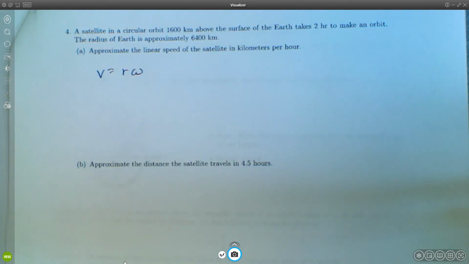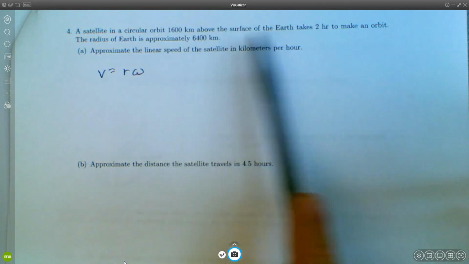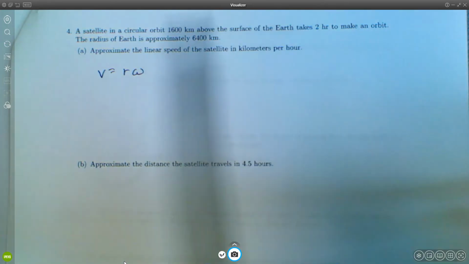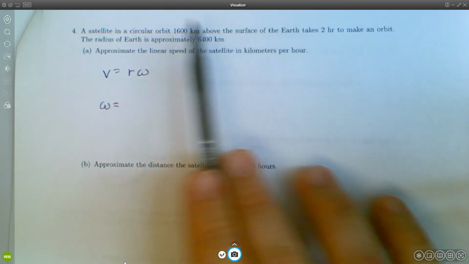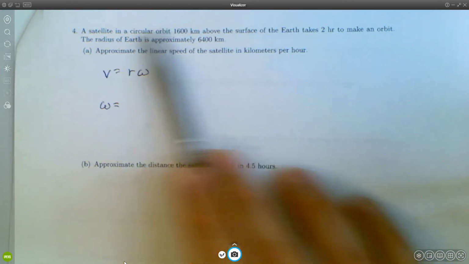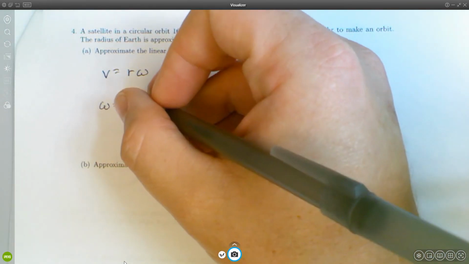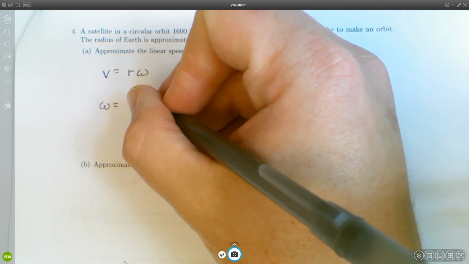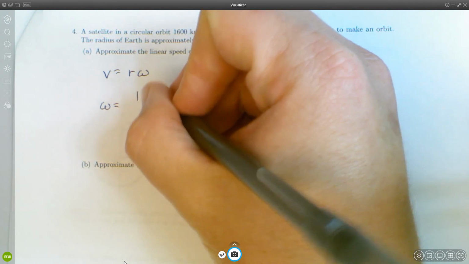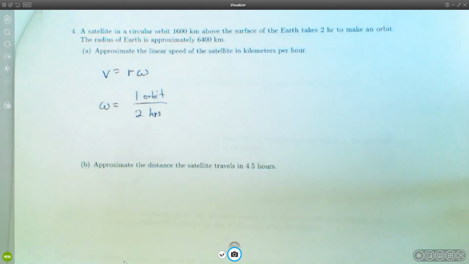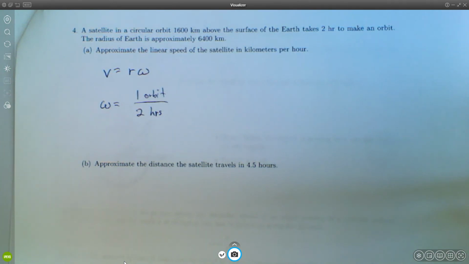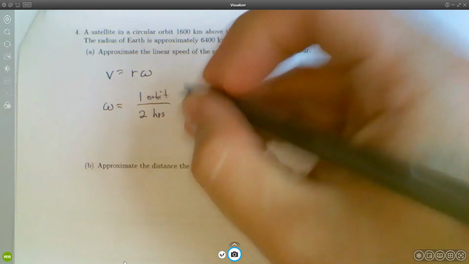Okay. Now what do we have? What were we given for omega? We were told that it takes the satellite 2 hours to make an orbit. So it goes one complete orbit in 2 hours. So that's half an orbit per hour, right?